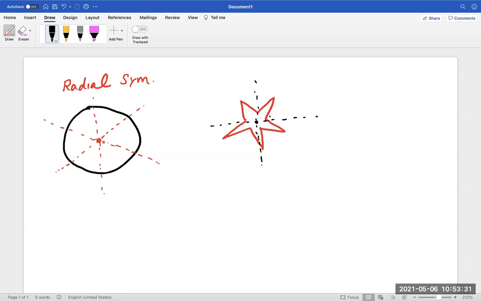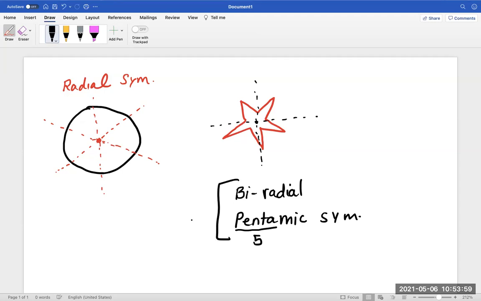So what I want you to write is that it doesn't have radial symmetry; you can say it has maybe biradial symmetry, or you could say pentamerous symmetry. Penta means 5. Or these two fall under bilateral, you could just say it has bilateral.